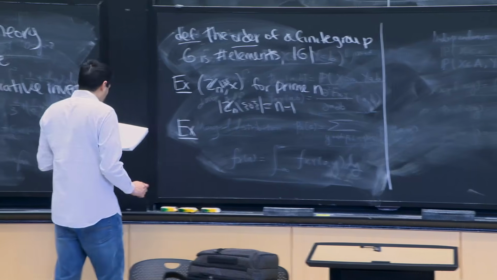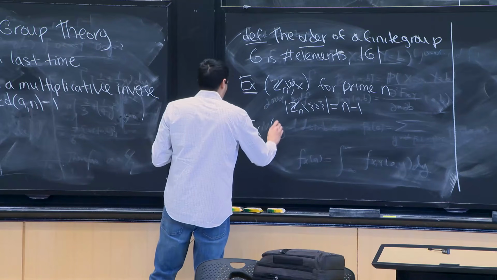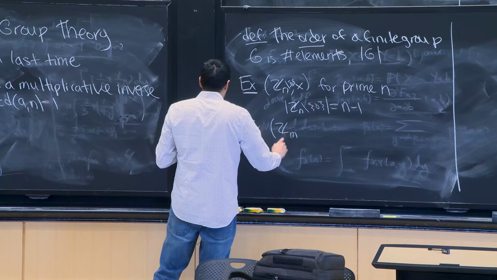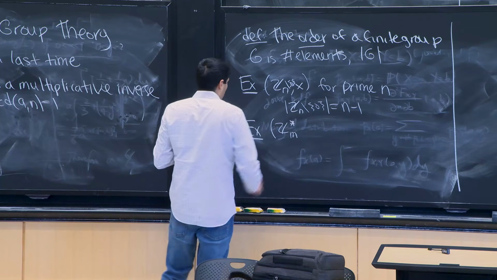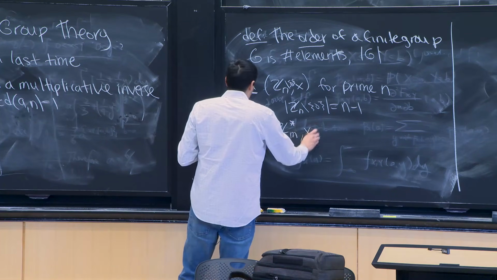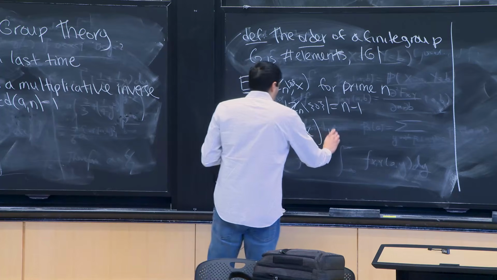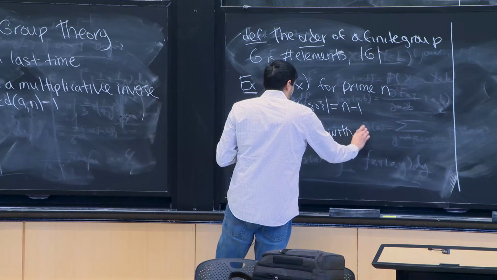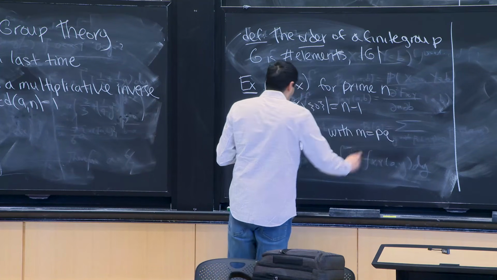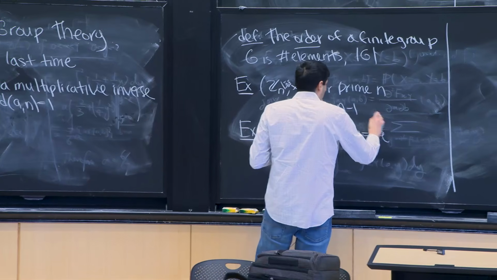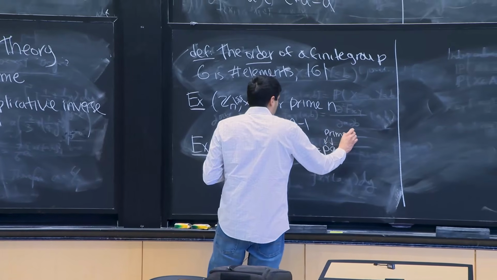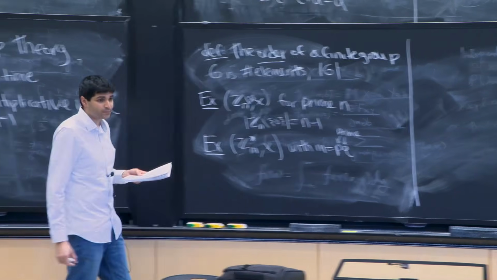And this will be a crucial example that we use for later. So let's imagine that M is composite. We can look at Zm star, again with multiplication. Let's assume that M is equal to P times Q, where both P and Q are distinct primes.